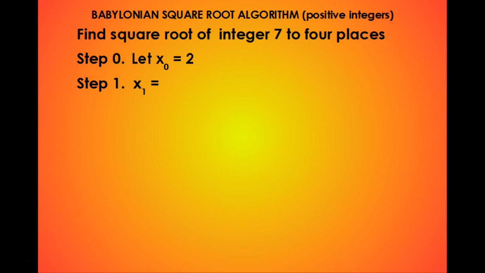Step 1, let x1 equal 7, which is the number we want to find the square root of, divided by x0, and then add x0 to that, and then multiply everything by a half. And of course, looking at that line, x0 is referenced as the value we got in the last step.